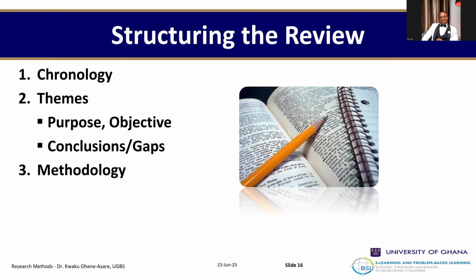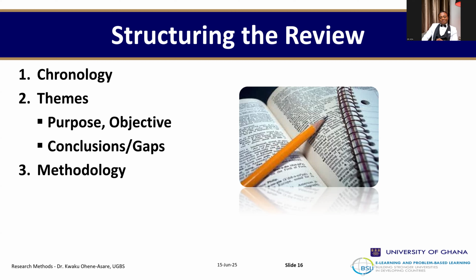Let's look at the structure. Chronology is important. Themes are important. I gave you themes where you are looking at theoretical review and empirical review. Under the theoretical review, you may have specific theories. And under the empirical review, you may have some specific things.